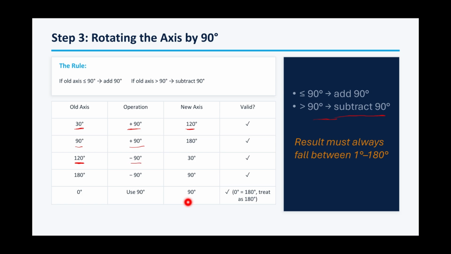We end up getting 30 degrees, which is the correct value. Likewise, if you have 180, you again subtract 90, getting 90. If our value is 0 degrees, just add 90. So this is how we are supposed to rotate the axis by 90 degrees, and the end result must always fall between 1 degree and 180 degrees.